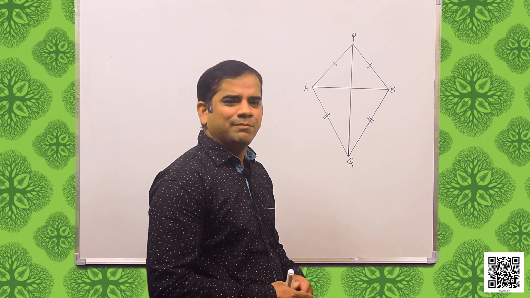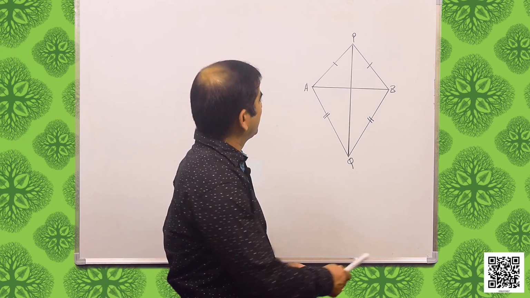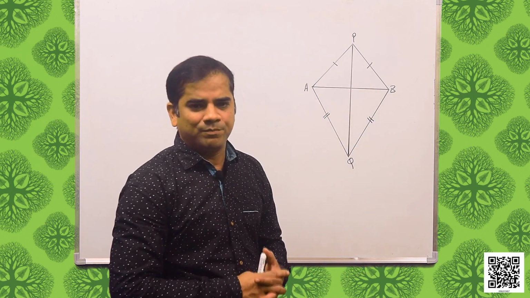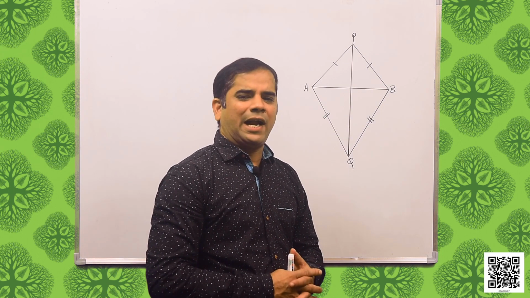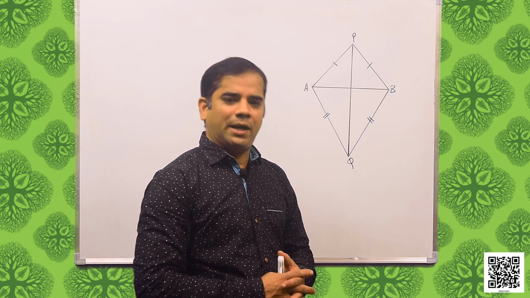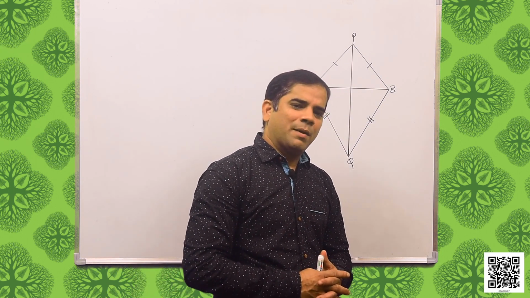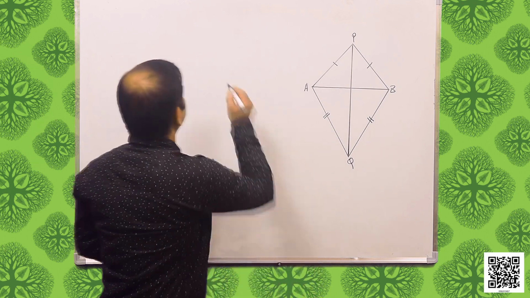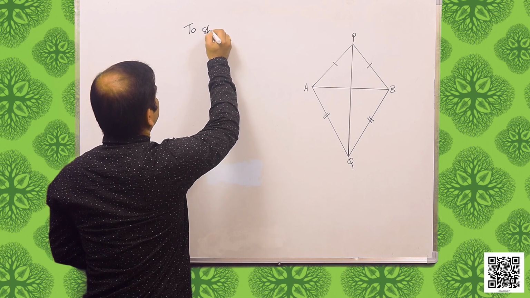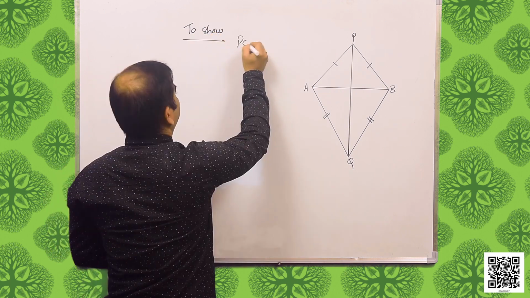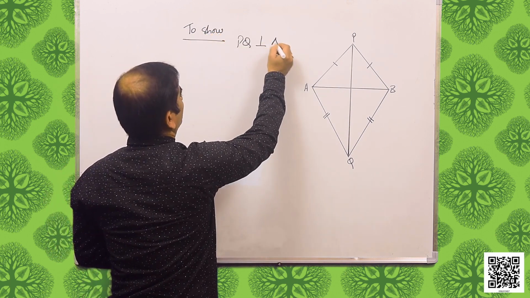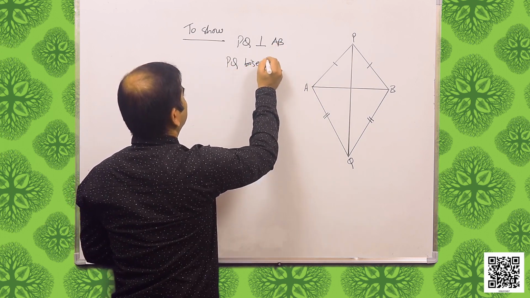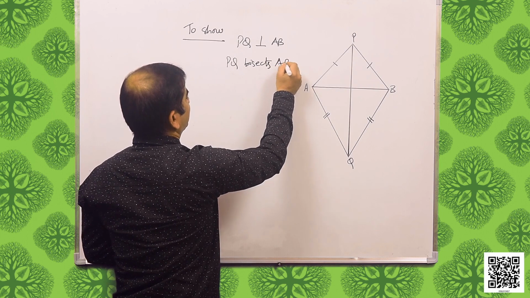It is given that PA is equal to PB, QA is equal to QB, and we have to show that PQ is perpendicular to AB and PQ bisects AB.